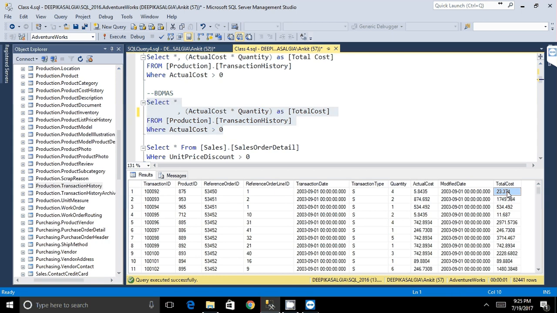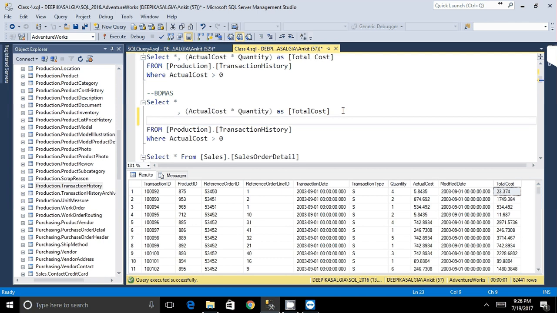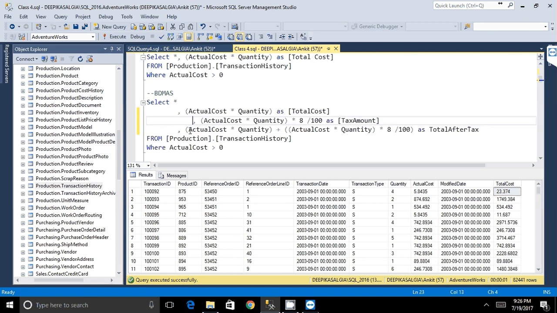So how can you get the 8% of the total cost? Anyone? How do you find out the 8%? Yeah, right. All you're going to say is actual cost times quantity times 8 divided by 100. That is the second expression, the second column that I have.